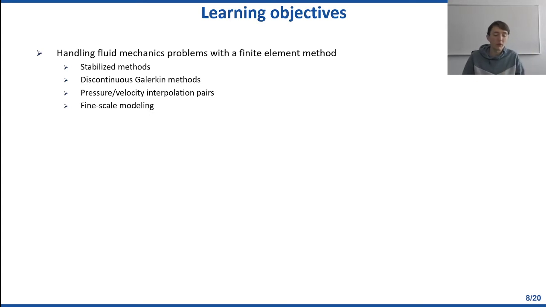And this then focuses around the use of stabilized methods, discontinuous Galerkin methods, this mixed method, right, pressure velocity pairs, and fine scale modeling. And so I find the content in that sense much more important than the background that we're actually talking about fluid mechanics.